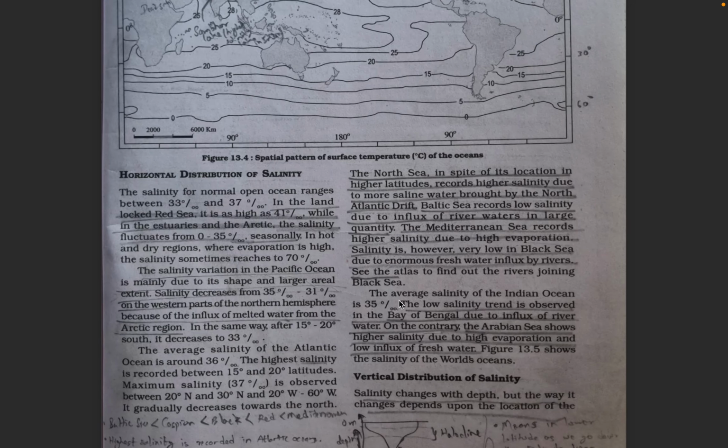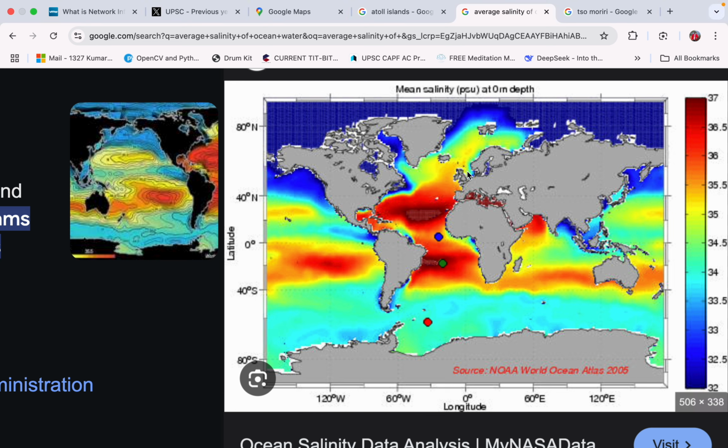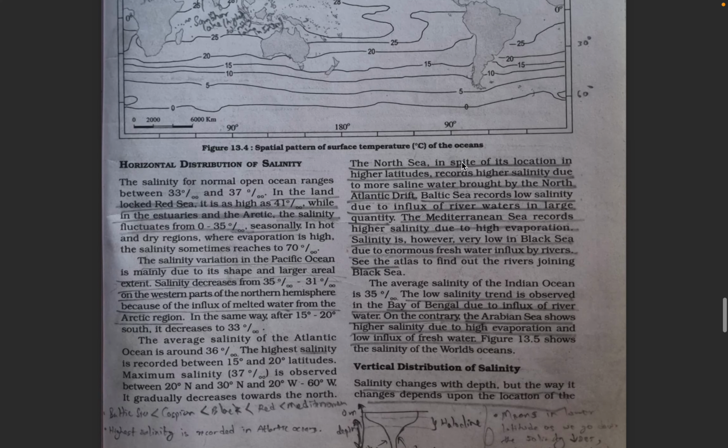The North Sea, in spite of its location high in latitude, records higher salinity due to more saline water brought by the North Atlantic. So this is the North Sea, in the higher latitudes of the northern hemisphere, and because of the Gulf Stream this area gets high saline water from the mid-Atlantic region, because of which it has higher salinity.